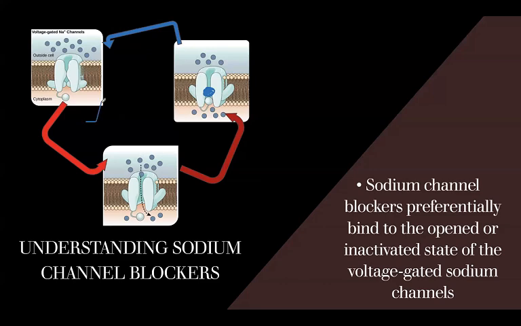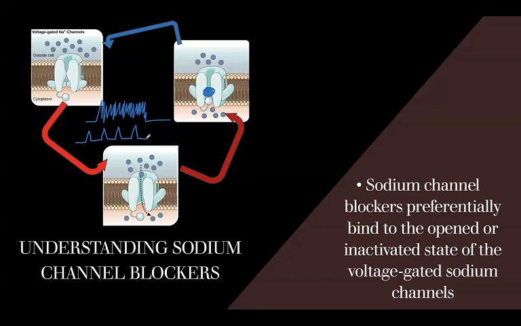So instead of now getting these repeated excitations, we are able to regularize the impulses like we saw in the normal brain structure. So this is basically how these sodium channel blockers do their work.